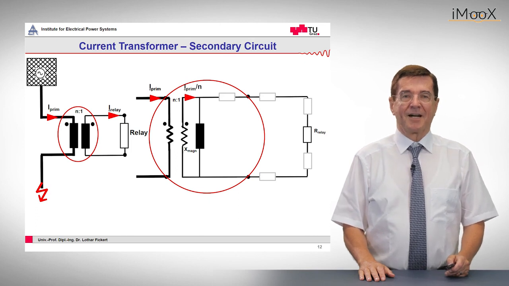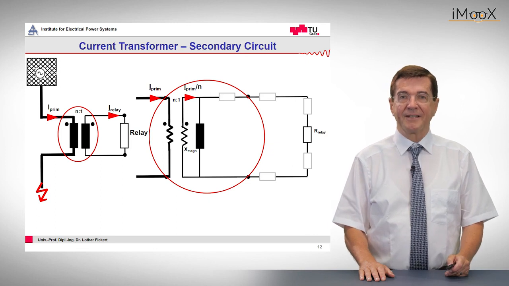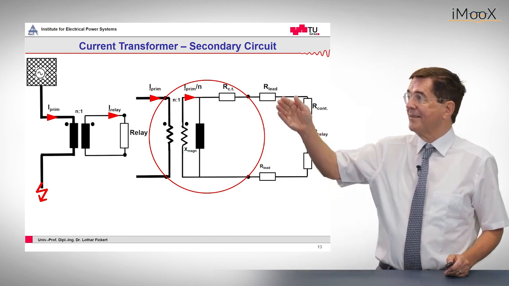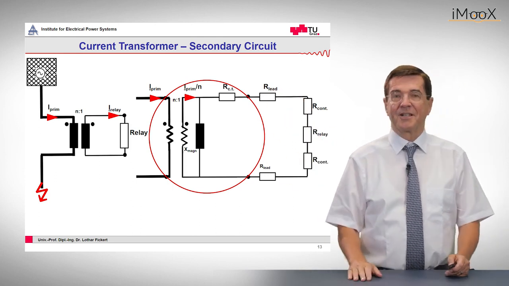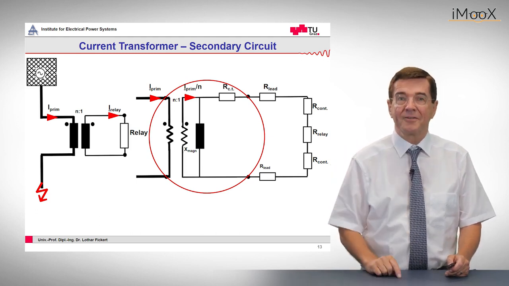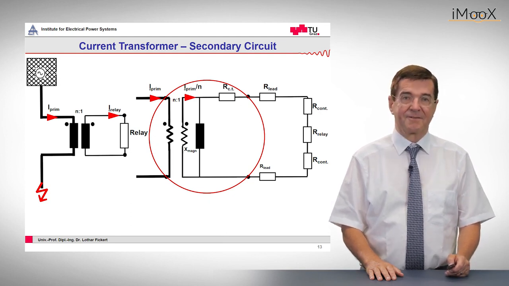Now we see the current comes in, the primary current, it is reduced by the factor of n in the ideal current transformer, and now it is going either into the secondary circuit, which I have dissolved into the lead resistance, the contact resistance and the relay resistance itself, or into this transversal magnetizing inductance.